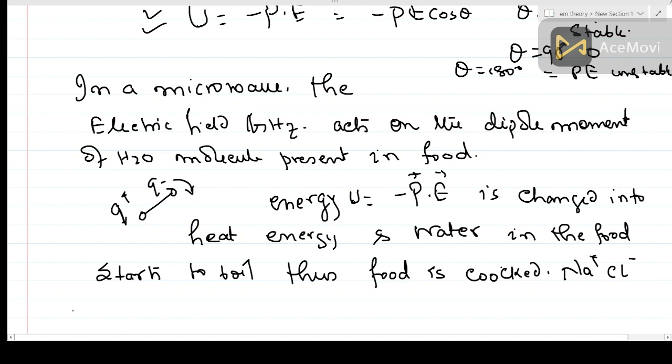So there is an additional amount of energy provided inside the food material, and it helps in cooking, because all this energy is converted into heat energy, making the water boil and the food soft. That is what we call properly cooked. It does not remain raw or hard.